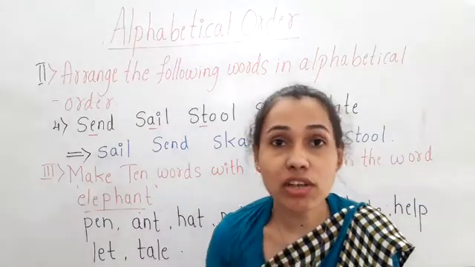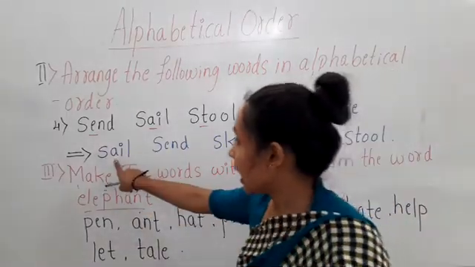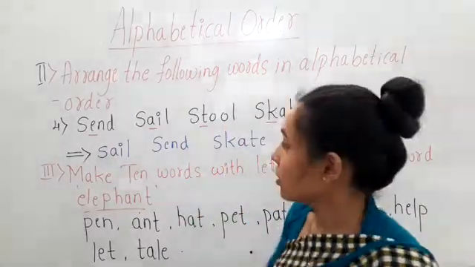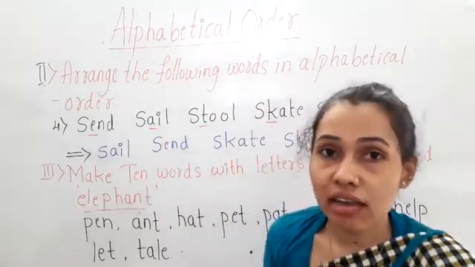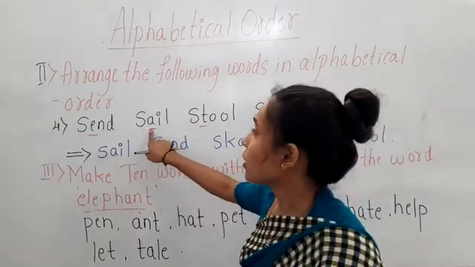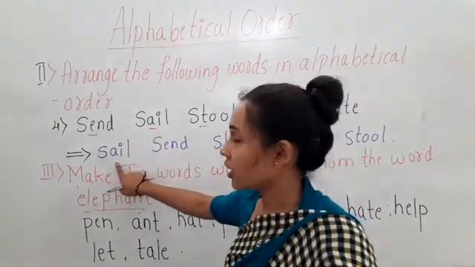Which letter comes first in the alphabet among these letters which I have underlined with the red marker: E, A, T, K, L? Yes, A. So which word do we have to write here? We have to write sail. In the alphabet A comes first, so we write the word sail at the beginning.